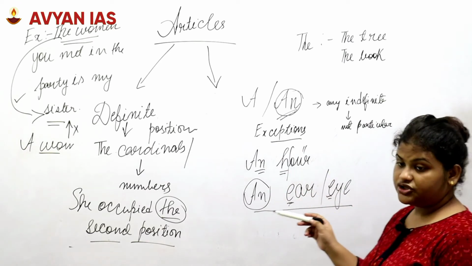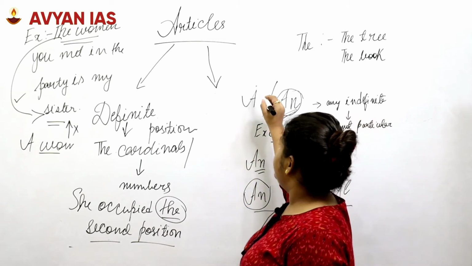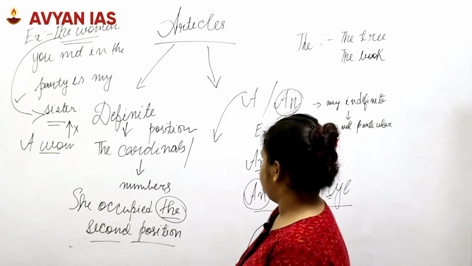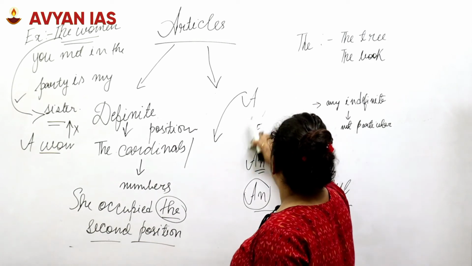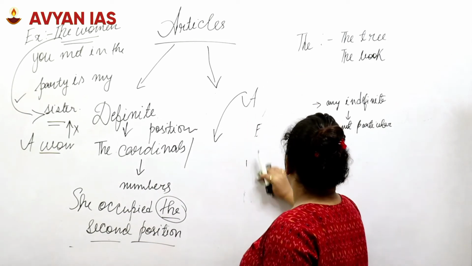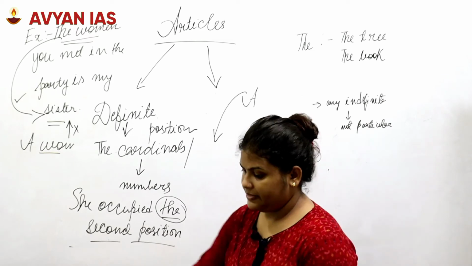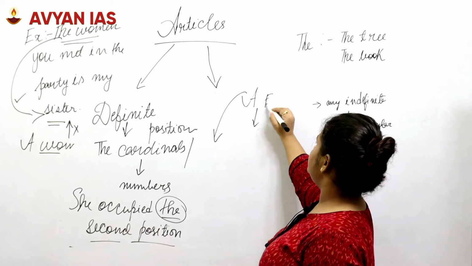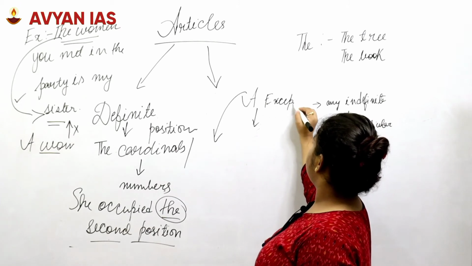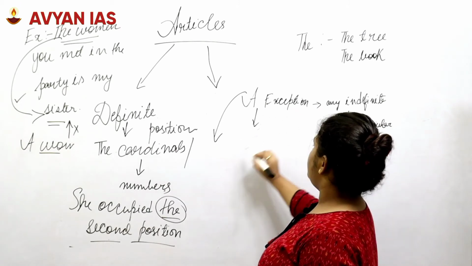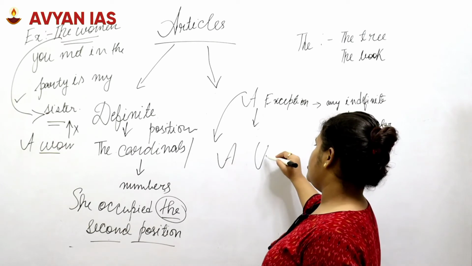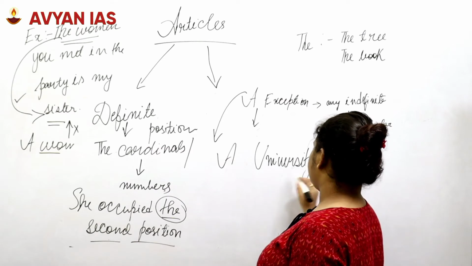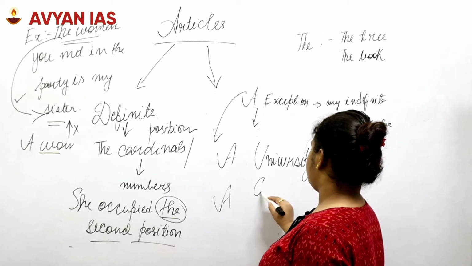The other exception that we would do is for a. The few exceptions that we have for a would be a university and a European.